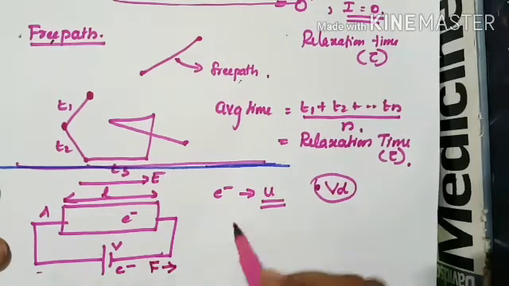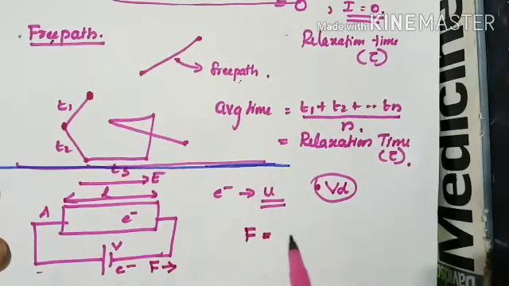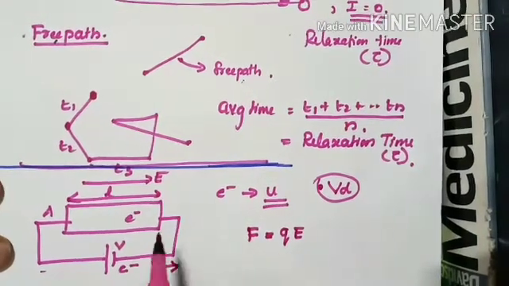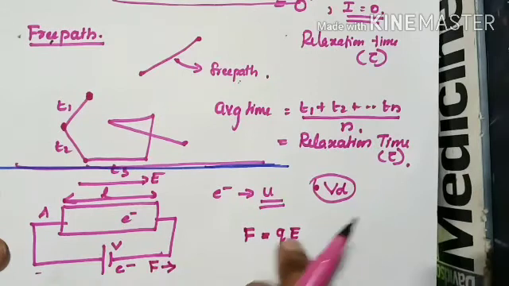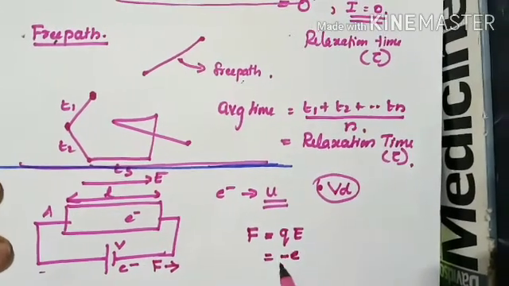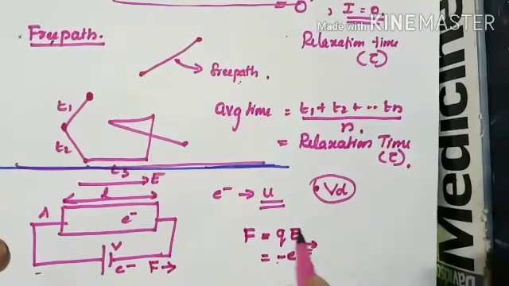So I can write an equation for it, that is F is equal to QE, where Q is the charge of the electron which is being pushed and E is the applied electric field. So in place of Q I can write minus e. Why minus? Because the electron's charge is negative, so minus e into E.